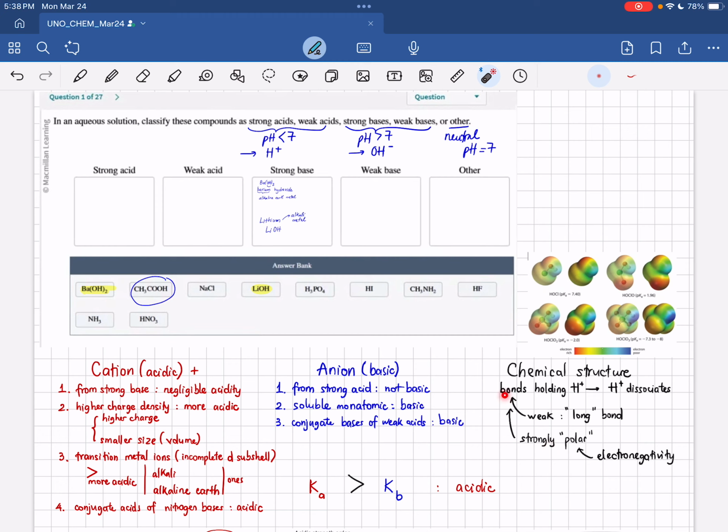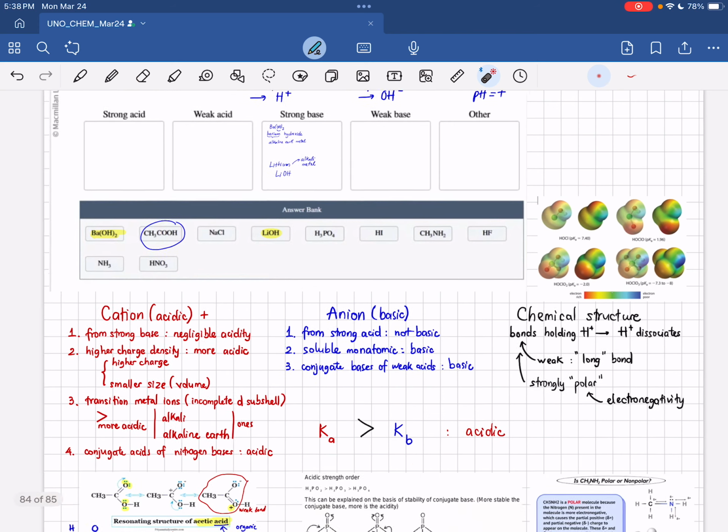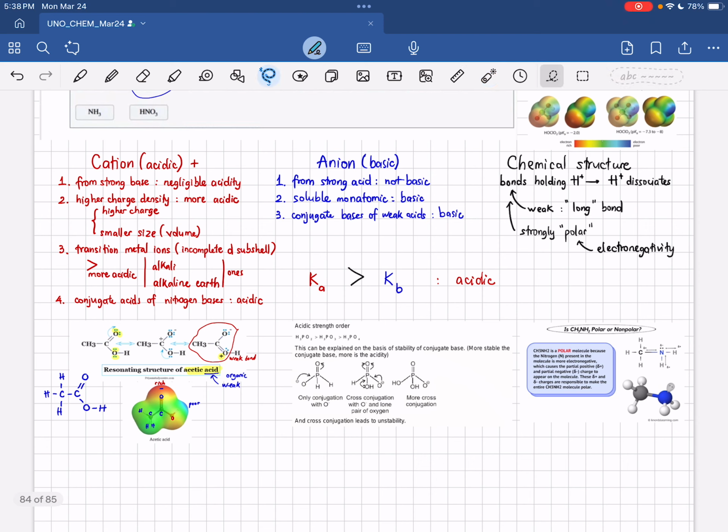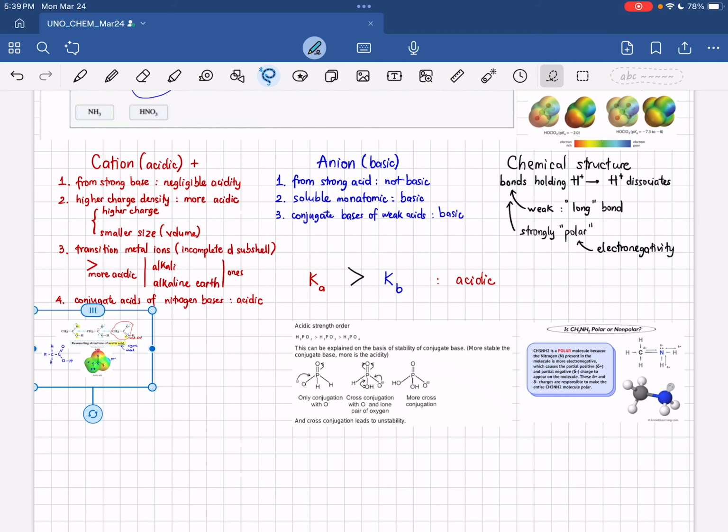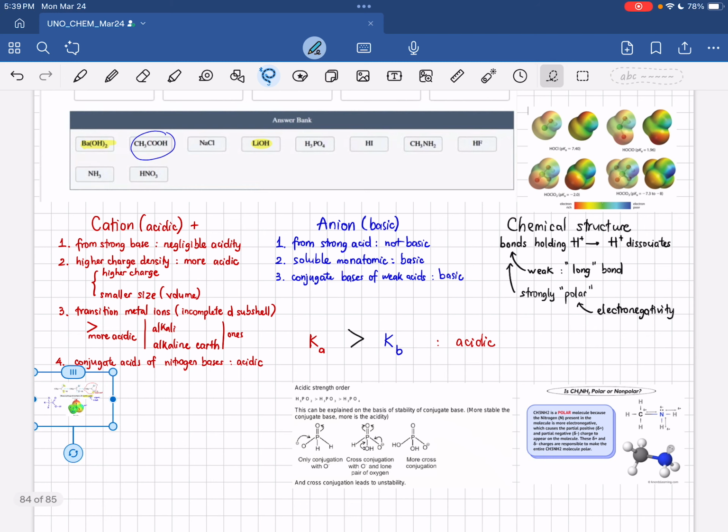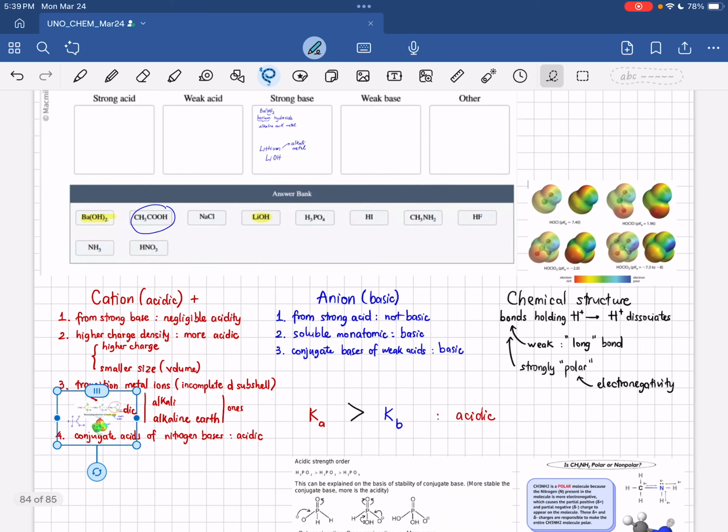If the bond holding the proton, the hydrogen, is a weak one, then the proton has the tendency to dissociate from the structure. So let me move it here. The conclusion for acetic acid is that it's a weak acid. It's an organic weak acid. Let me move it here.